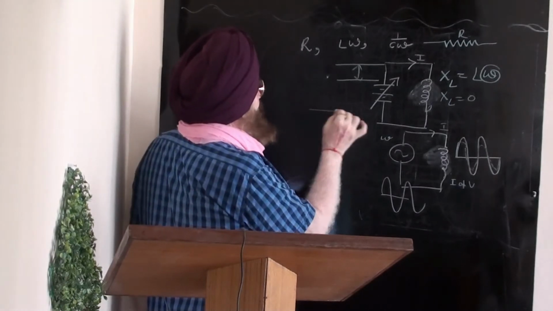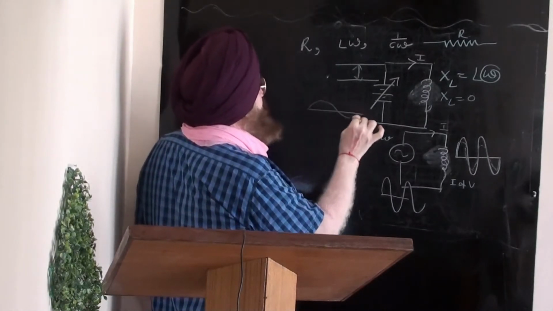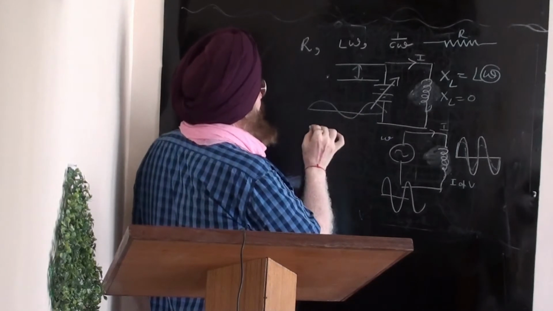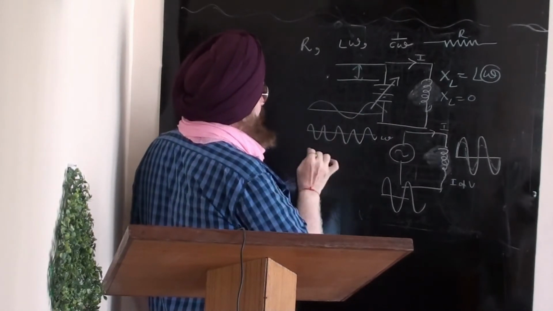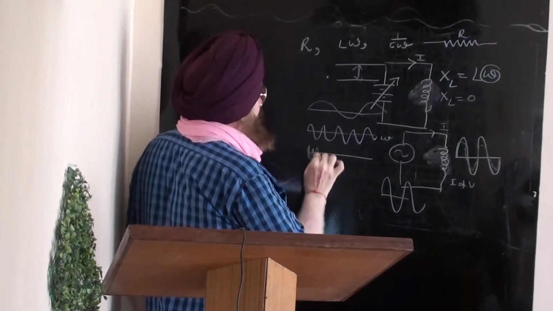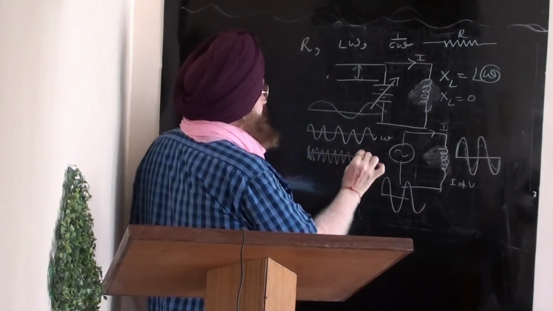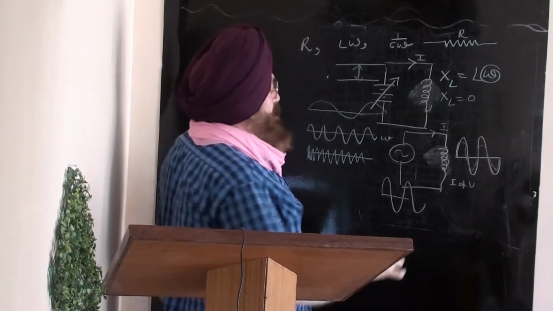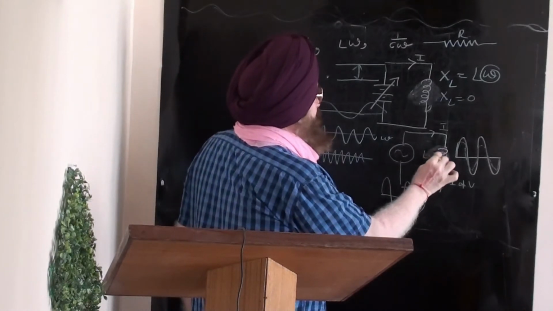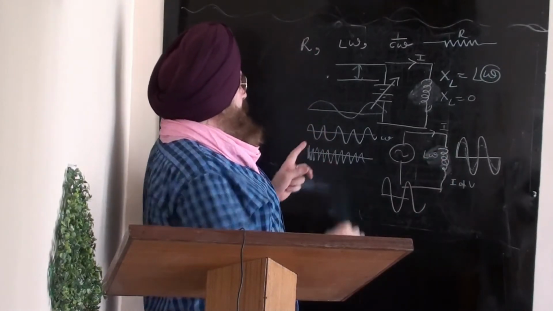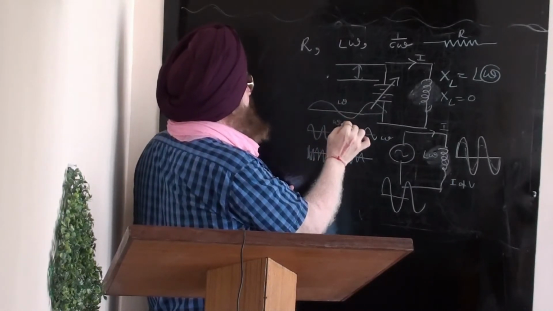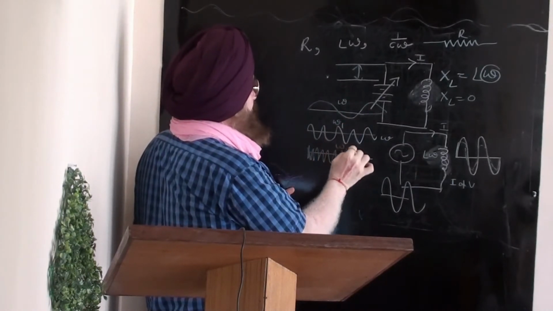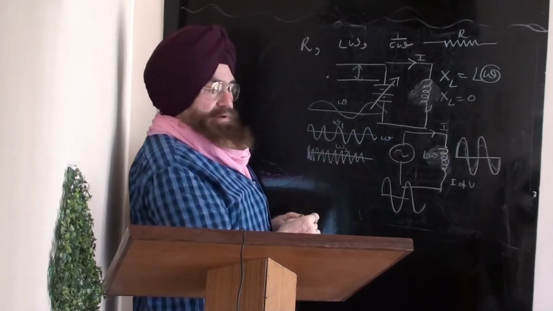Like I'm having AC of this type, with a frequency of this type. Because the reactance is L omega, this omega is less, this omega is high, then this omega is still very high.